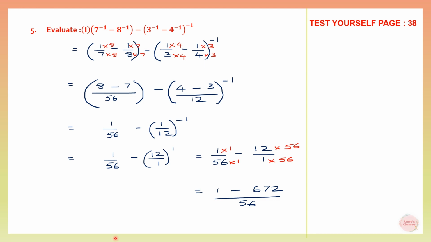So what do we have now? 1 minus 672. 672 has a negative sign. That's a bigger number, so we put the sign of the bigger number and we subtract. 672 minus 1 is 671 and the denominator is 56. So what is our answer? Minus 671 by 56.